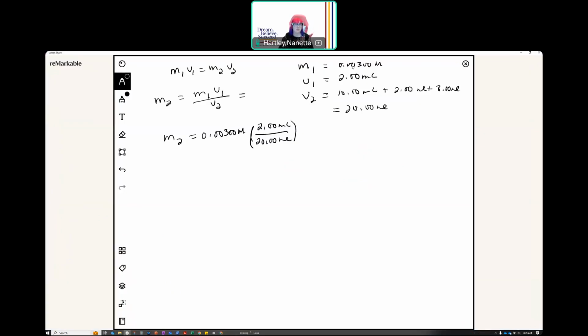So the molarity was 0.00300 molar. The volume of that solution was 2 milliliters. Total volume is the 10 milliliters of the FeNO3 plus the 2 milliliters of the KSCN plus the 8 milliliters of the DI water. That's 20 total. So M2 is 0.00300 molar times the 2 milliliters of the KSCN divided by the total volume, which is 20 milliliters. That's the calculation that I need to do.